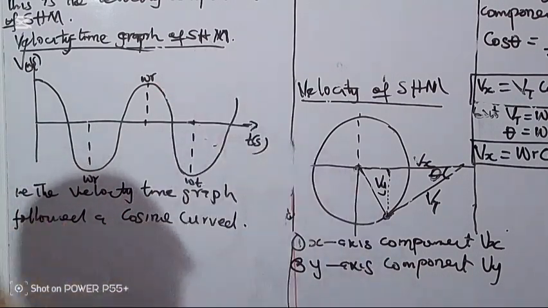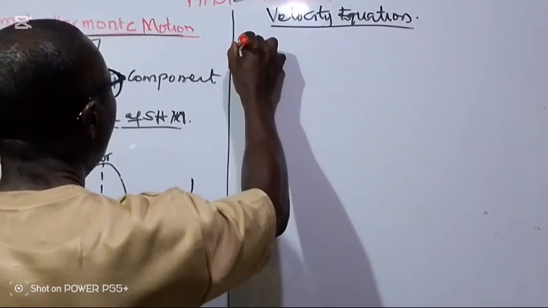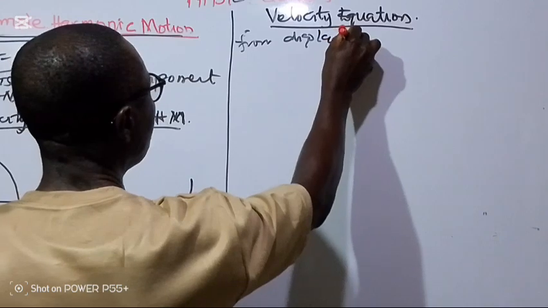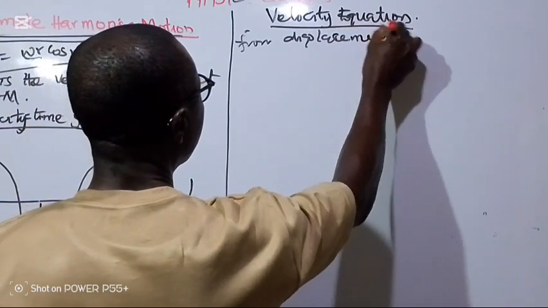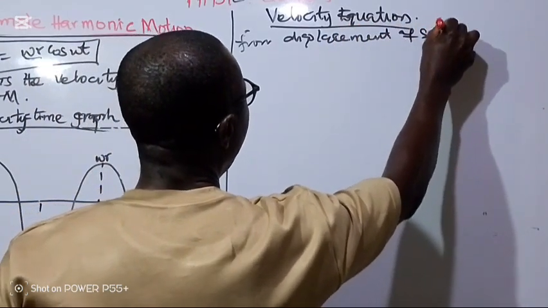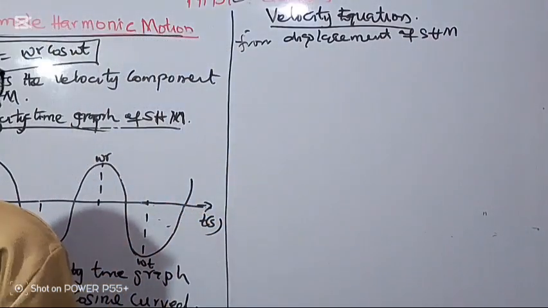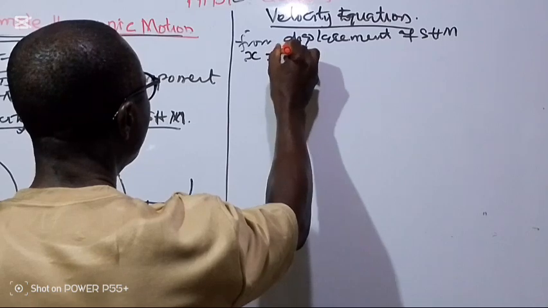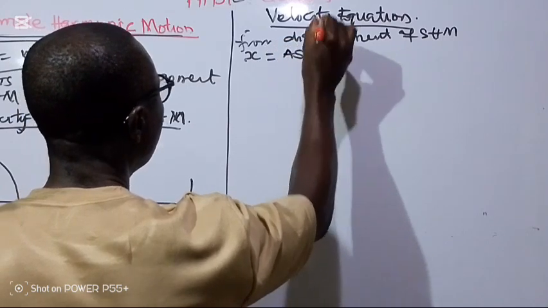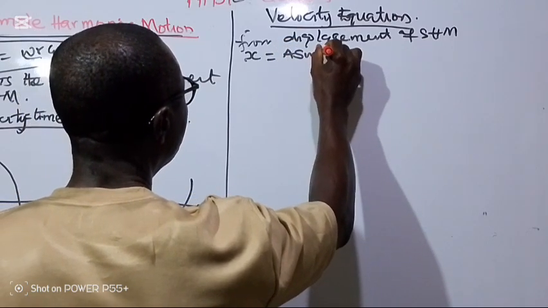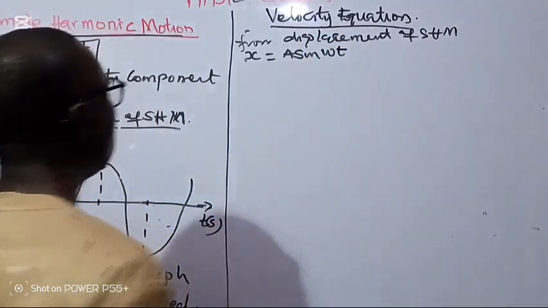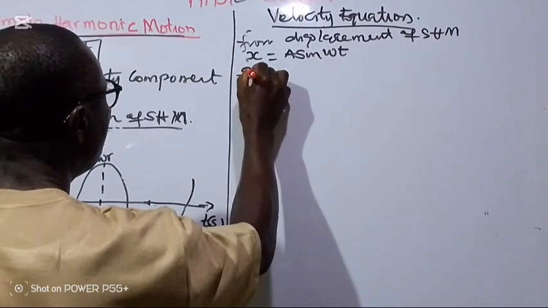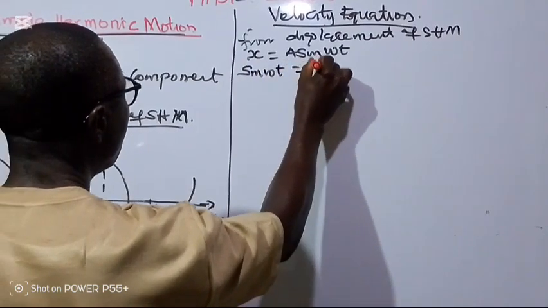From displacement of simple harmonic motion, we have x is equal to a sine omega t. It means sine omega t will be equal to s over a.